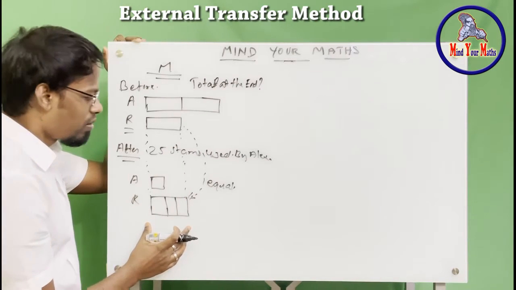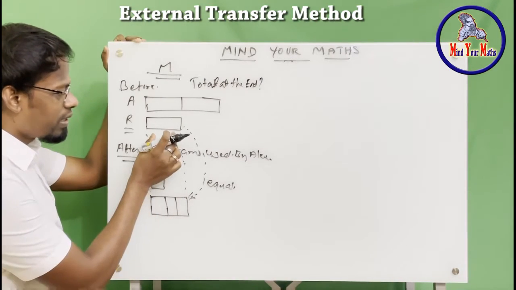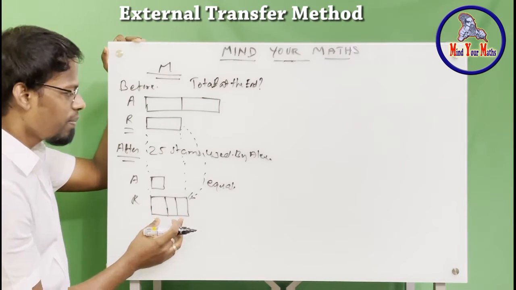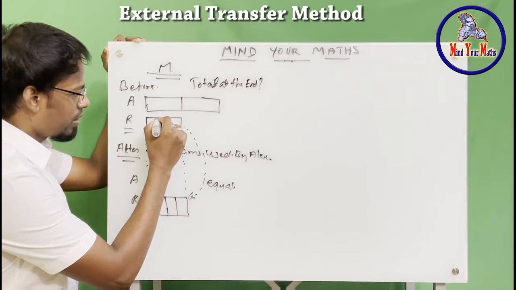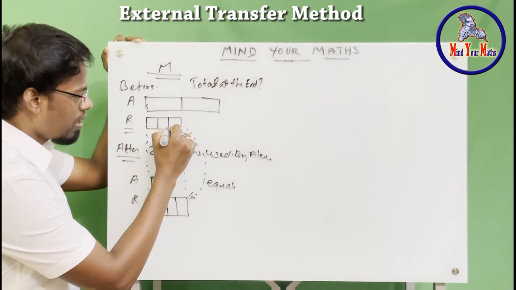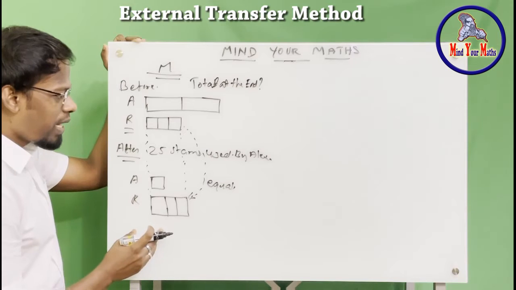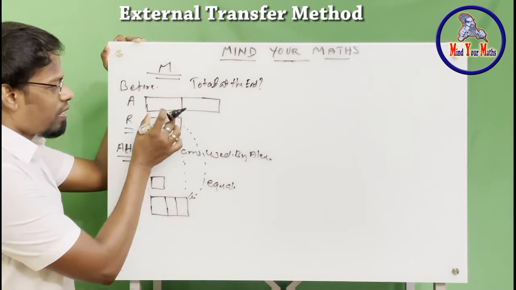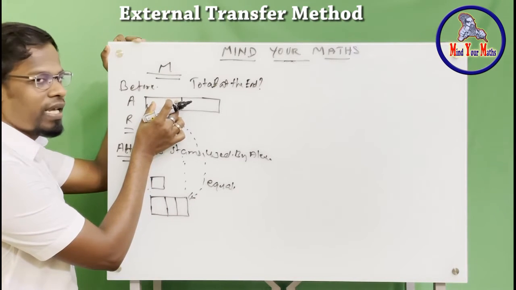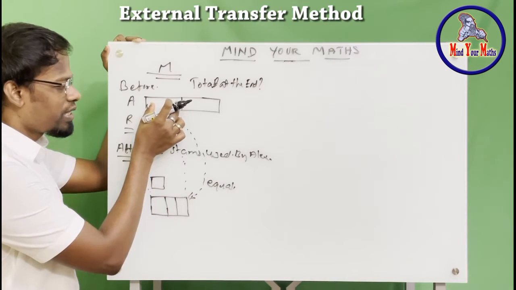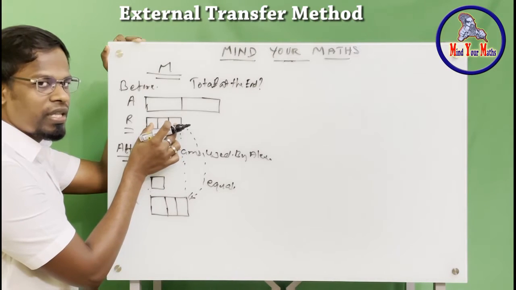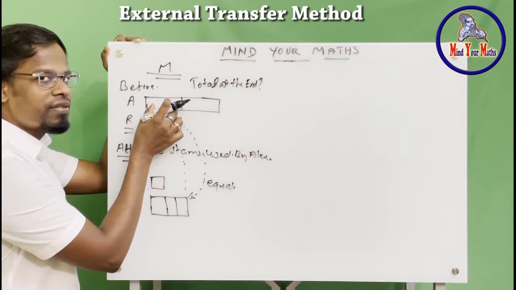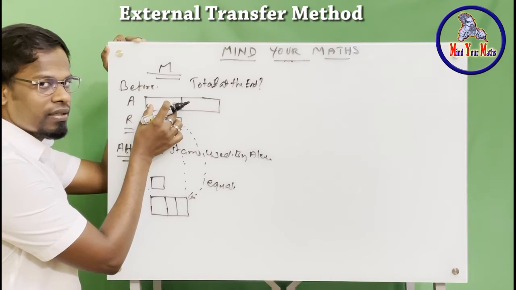Okay, so now let's split this into 3 as well to match the after units. What it means is that this portion that Alex had, 1 unit, is equivalent to this portion that Ravi has, which means this one also is 3 units at the beginning.